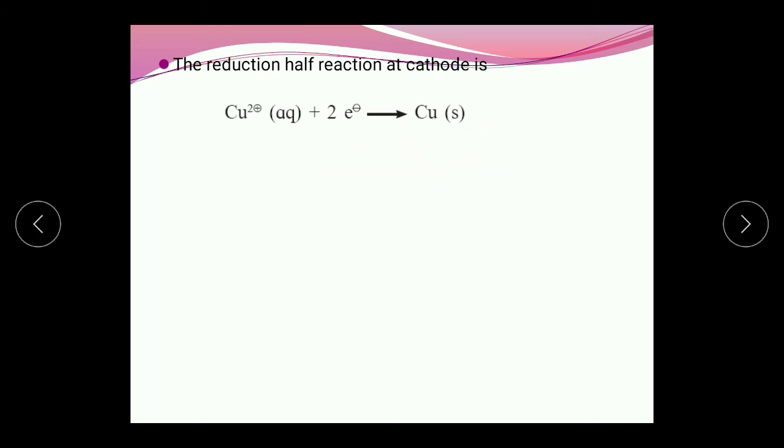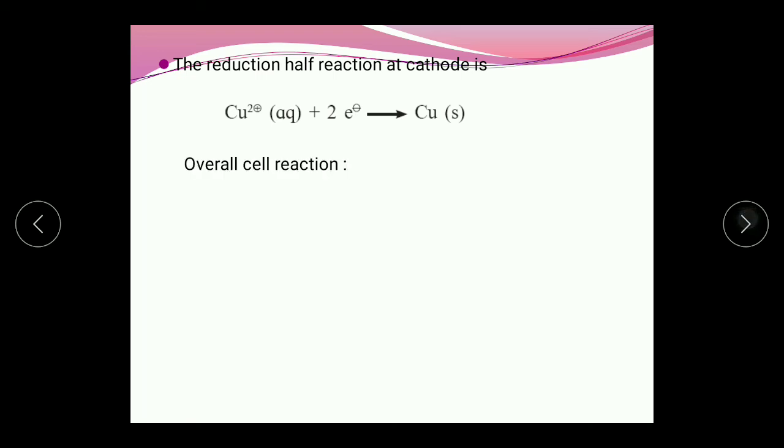So, these are the two half reactions. Now, both of these half reactions contain the same number of electrons, that is 2 electrons each. Hence, electrons will not appear in the overall cell reaction because the number of electrons are already balanced.